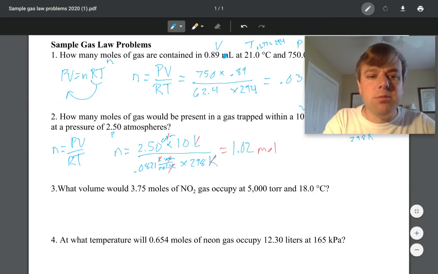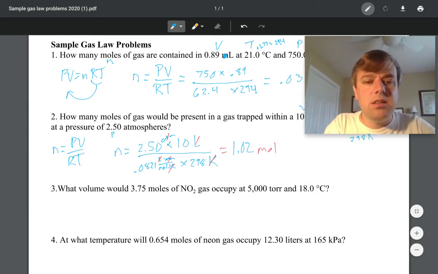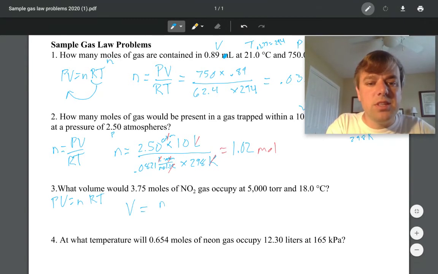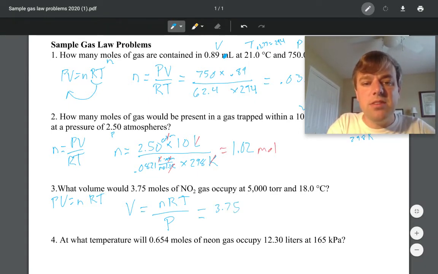For the third problem, we are now solving for volume. So our equation of PV equals nRT can be rearranged to say that volume equals nRT over P. So now we plug in moles, which is 3.75.